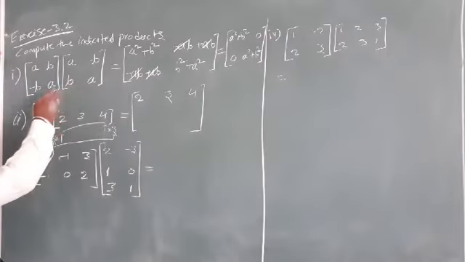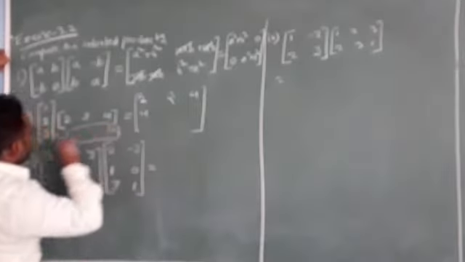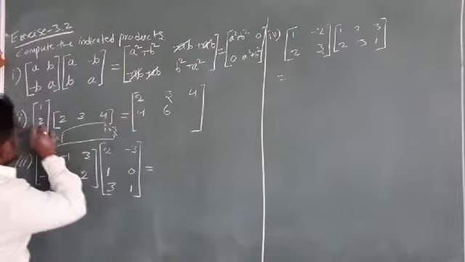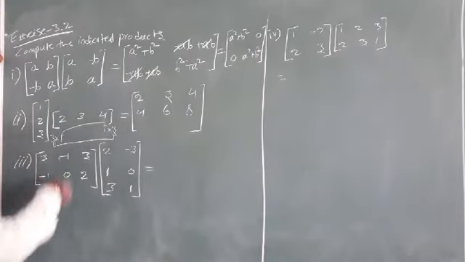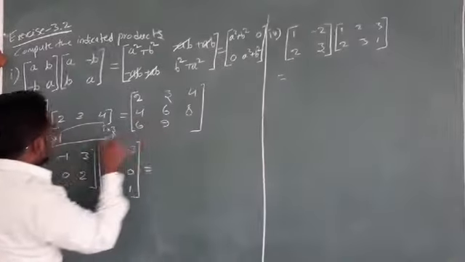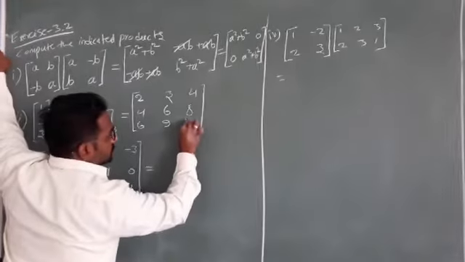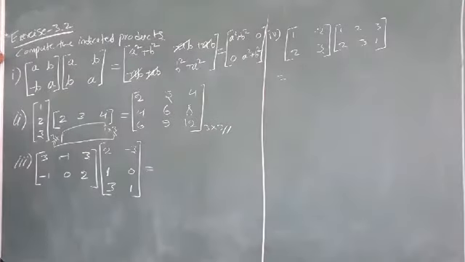Second row with each column of the other matrix: 2 into 2, 4. 2 into 3, 6. 2 into 4, 8. Next, third row with each column. 3 into 2, 6. 3 into 3, 9. 3 into 4, that is 12. That is the 3 by 3 matrix. Okay, simple, students.